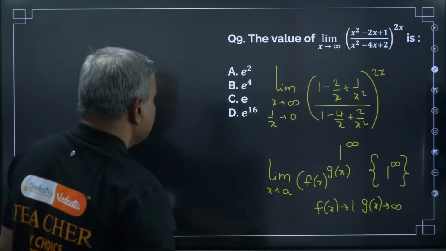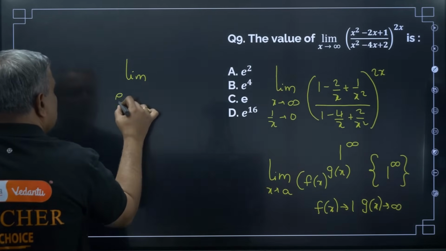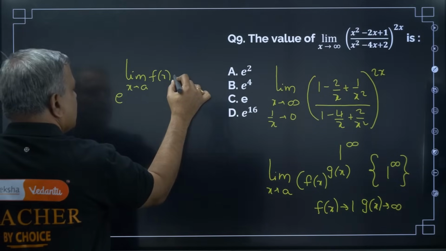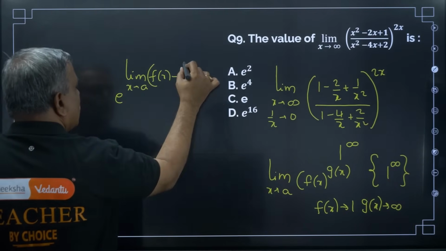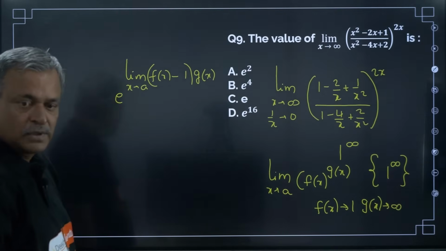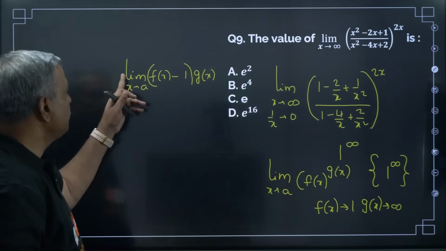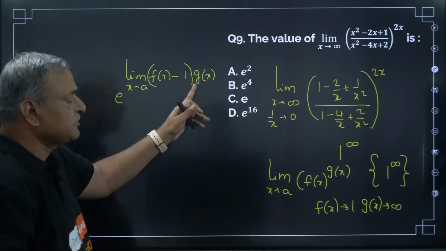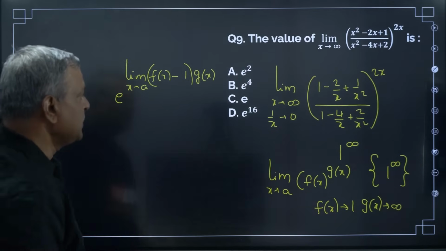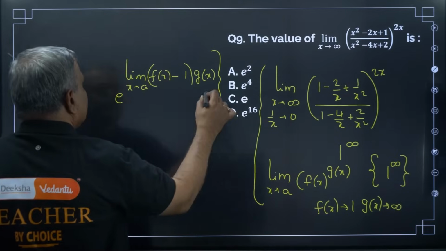Whenever it is a 1 to the power infinity form, we take limit equal to e to the power limit x tending to a of (f of x minus 1) into g of x. Please remember, this is the concept. I wrote it in a curly bracket; this is the concept.